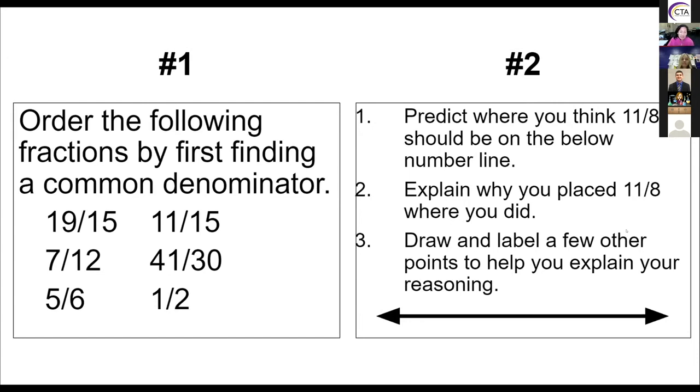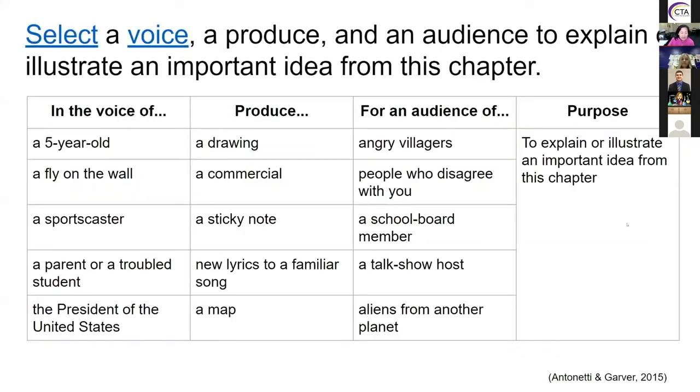All right, next, please. This is an example of a RAFT, but this is Antonetti and Garver's RAFT. What it is, is you're taking a task and making it more complex, and you can adjust the difficulty however you wish.